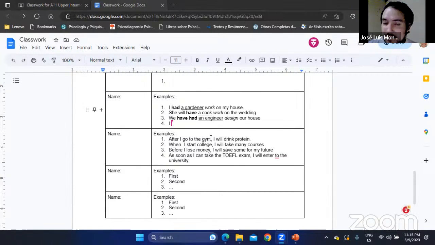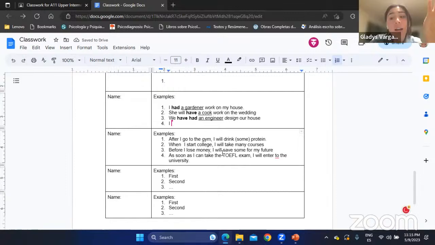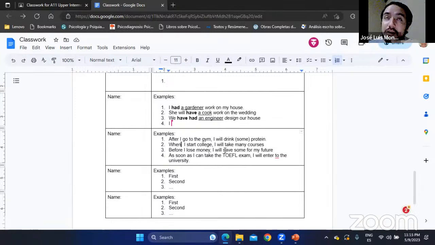Thank you very much. Again, in general, it's very good. After I go to the gym, I will drink. Here, when it's uncountable, it's a good idea to use some. Again, that can be just a piece of advice. Protein as something that you can consume is food, and it will be incorrect to say protein unless you use a quantifier.